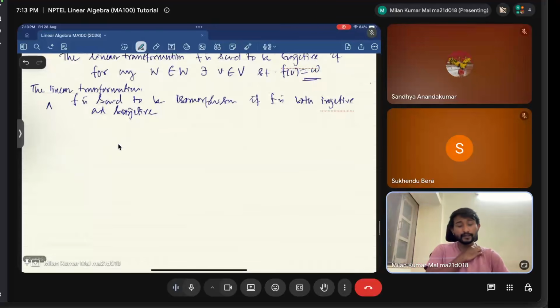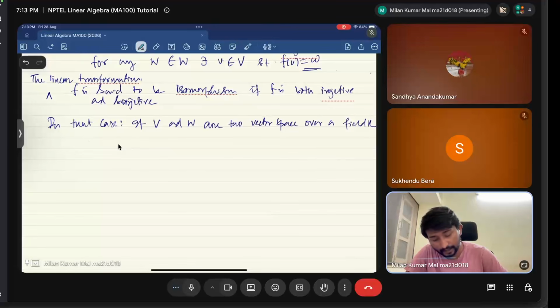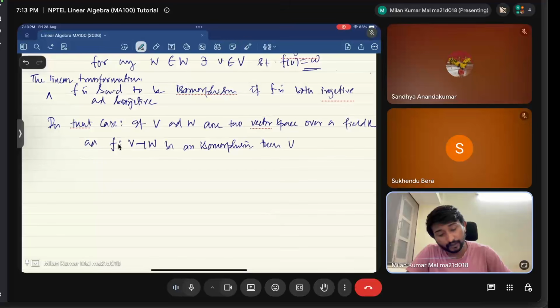In that case, if V and W are two vector spaces over a field K, and f from V to W is an isomorphism, that means a linear map that is both injective and surjective, then V and W are said to be isomorphic.